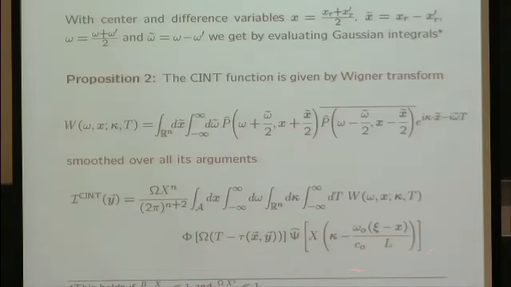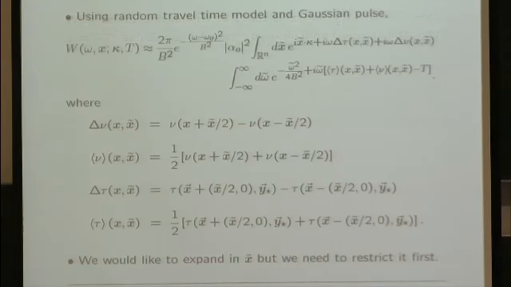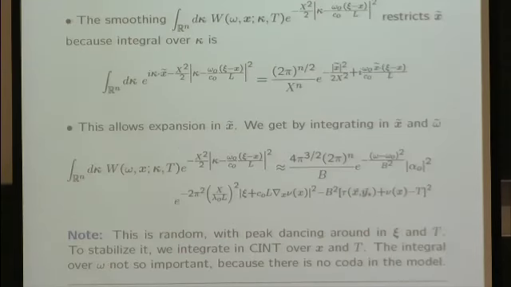But remember that I said I'm going to use a Gaussian window to make it simple. So if I put the Gaussian window there, I get this expression. So that's just the smoothed Wigner transform by integration over the support of that window.